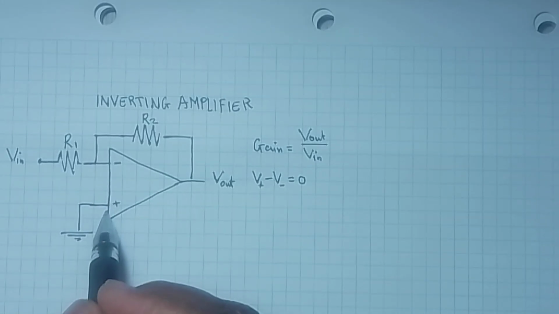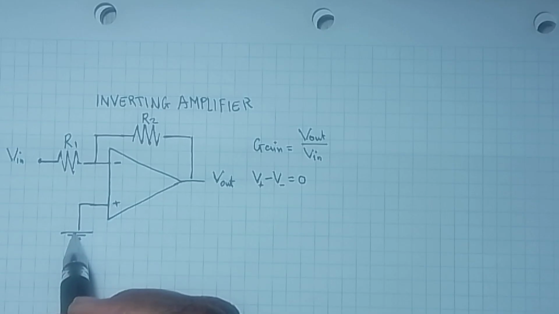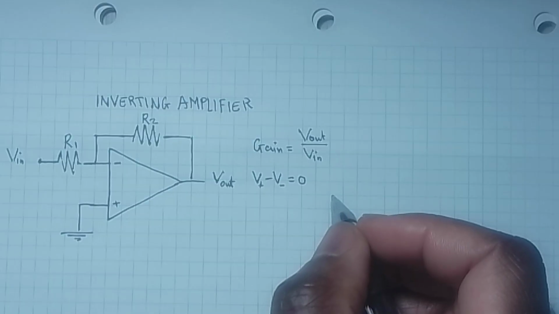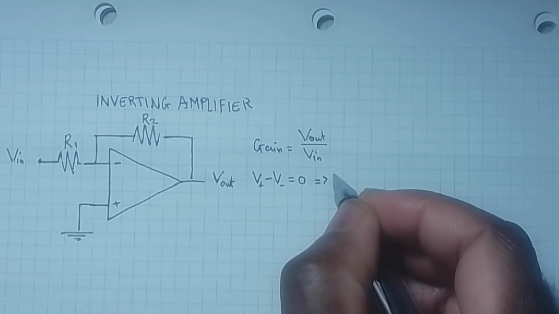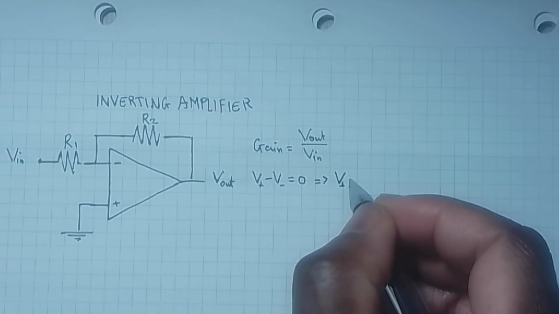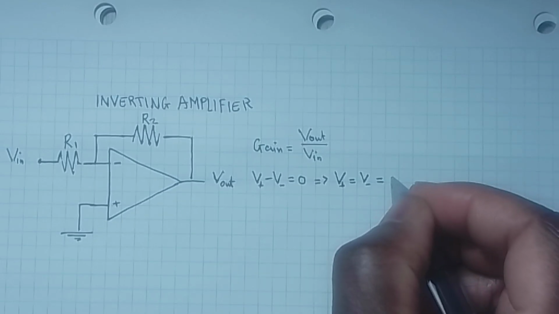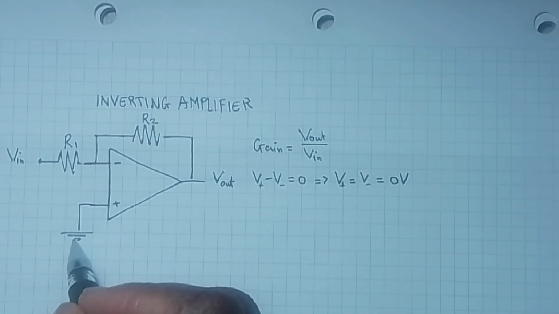And since V plus is connected to ground, V minus will also be 0. So V plus will be equal to V minus, and they will all be equal to 0 volts because V plus is connected to ground.